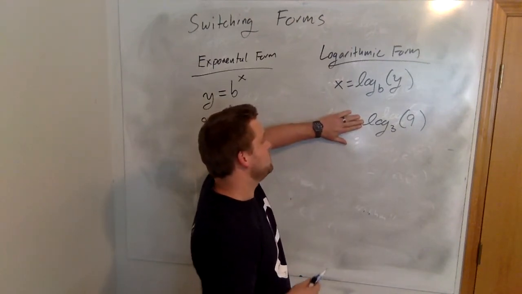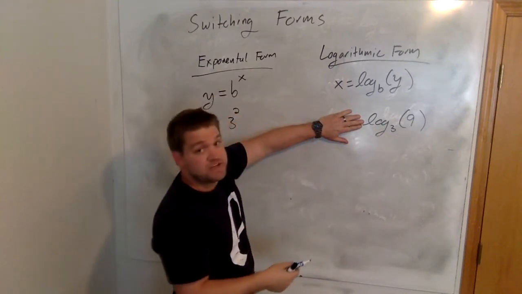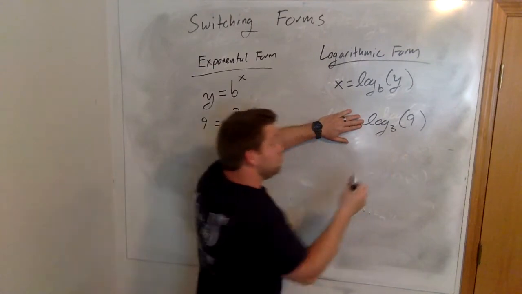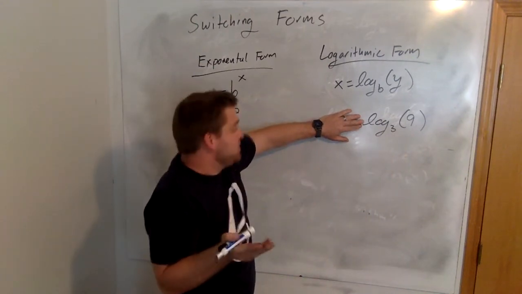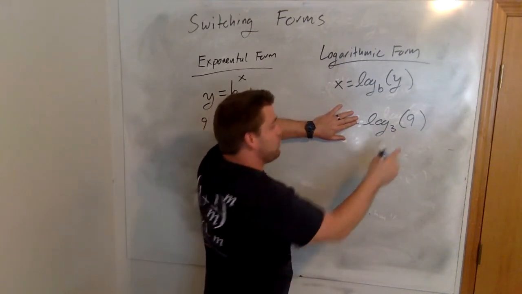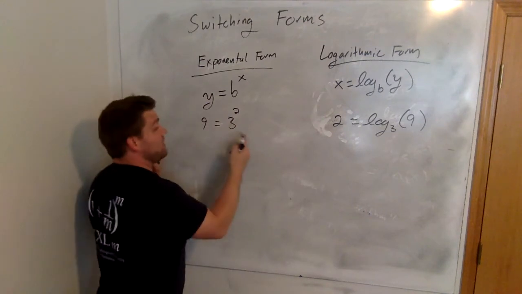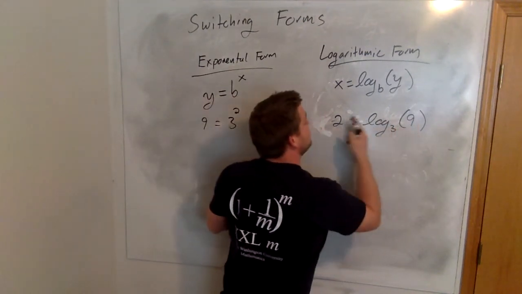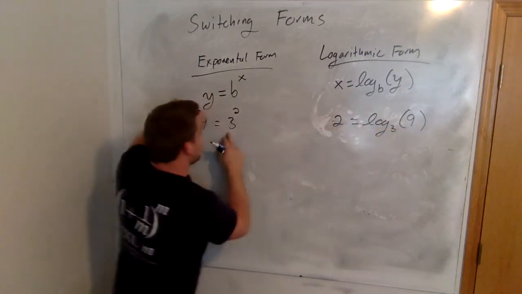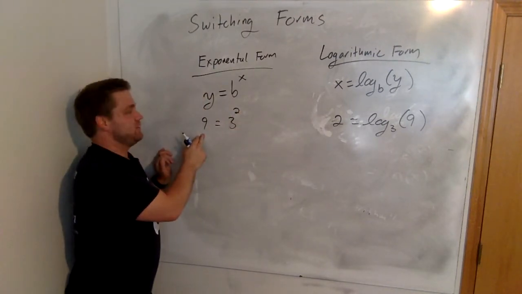We have log base 3 of 9. What does this mean? This reads: 3 to what power gives you 9? 2. That's why log base 3 of 9 is equal to 2, because 3 to the power of 2 equals 9. And that's how we should read it.